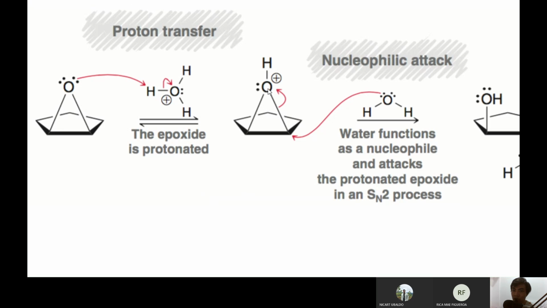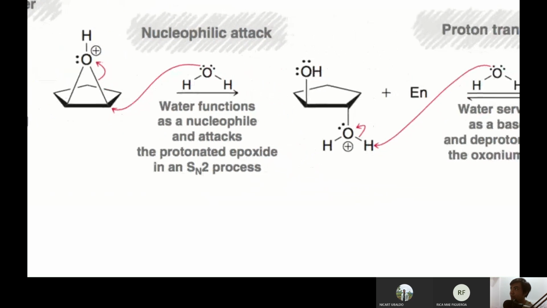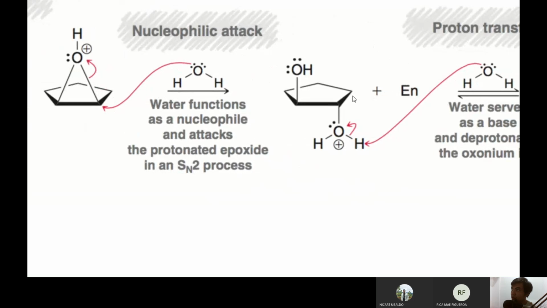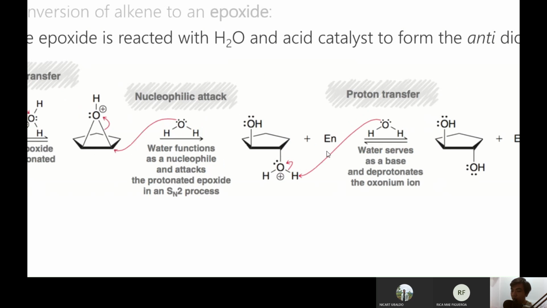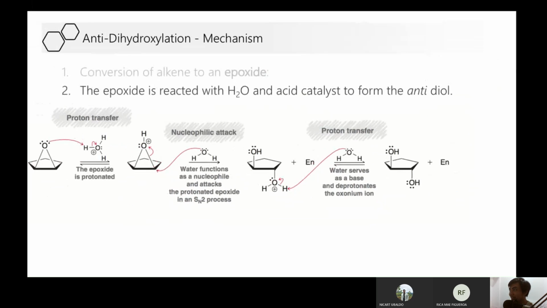Then once na yung ating oxygen ay positively charged, that allows this carbon or that carbon na vulnerable na siya sa nucleophilic attack, no? Of course, ng water. Then ang mapapansin natin, mapuputol yung bond na yan. So you will have your OH here, then your H2O will attach here. Then finally, to regain the catalyst or to regain your acid, hihilahin ng isa pang water yung isang H. No? So you have your diol, anti-diol.